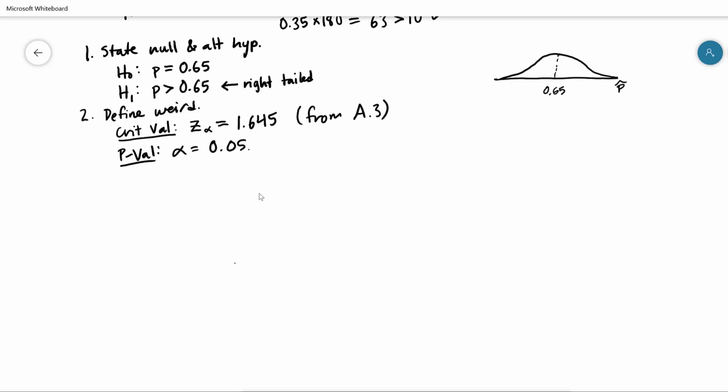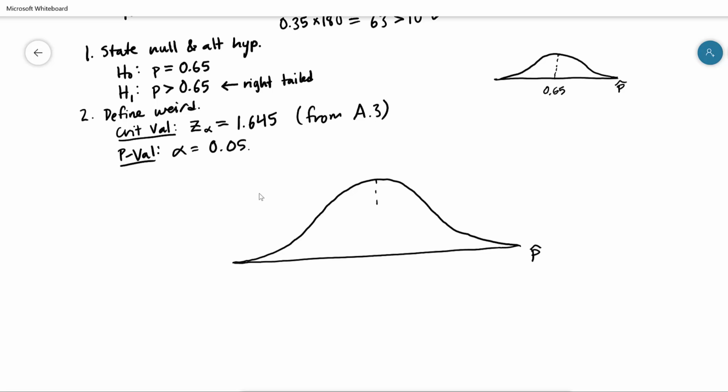And my picture is going to look like this. Here's the distribution of all the possible values of p hat. We're assuming the value of p is 0.65. That's the number we're assuming. And this is the region that we're going to consider weird over here, this top 5% of the area, so that is how big the area is.